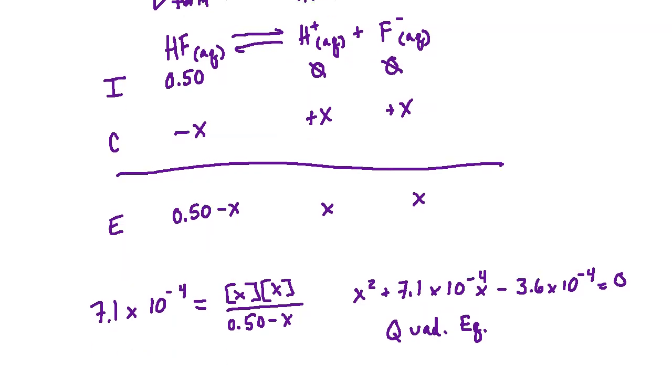The 0.5 minus X, we're just going to neglect that minus X. Right? So to put this another way, what we are going to say here is that 0.50 minus x is going to be approximately equivalent to just 0.50.